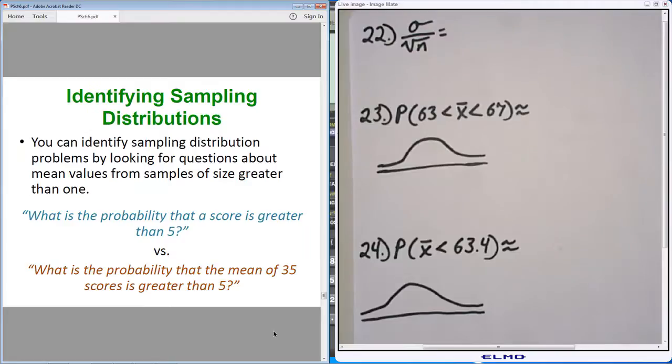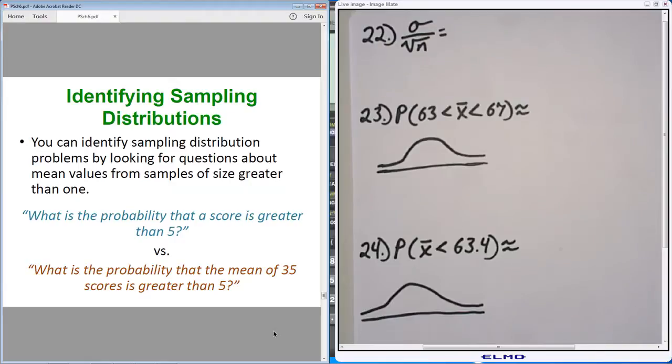Well, how can we tell if we're dealing with a sampling distribution? You can look for questions about mean values from samples of size greater than 1. So it's like this. In this top question, we have: what's the probability that a score is greater than 5? That's talking about one score being greater than some number, so that would be a normal distribution problem.